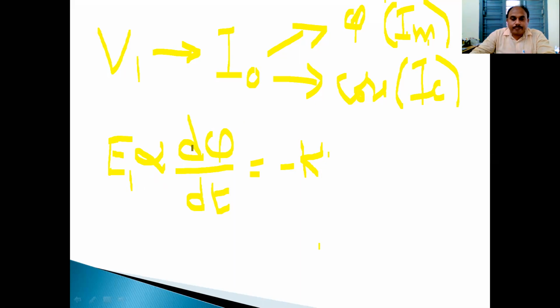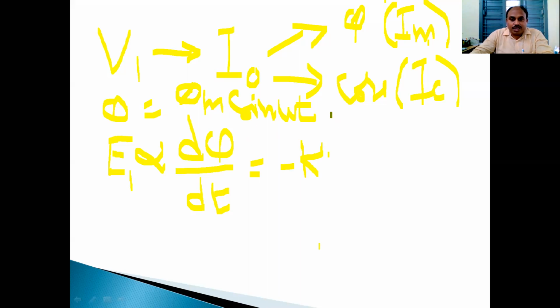We apply sinusoidal voltage, giving sinusoidal current and sinusoidal flux. Sinusoidal flux means phi equals phi maximum sin omega t. Suppose this is equation 1.